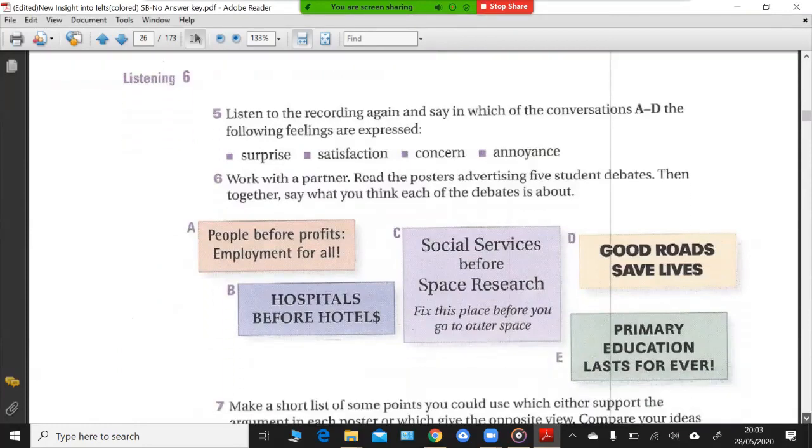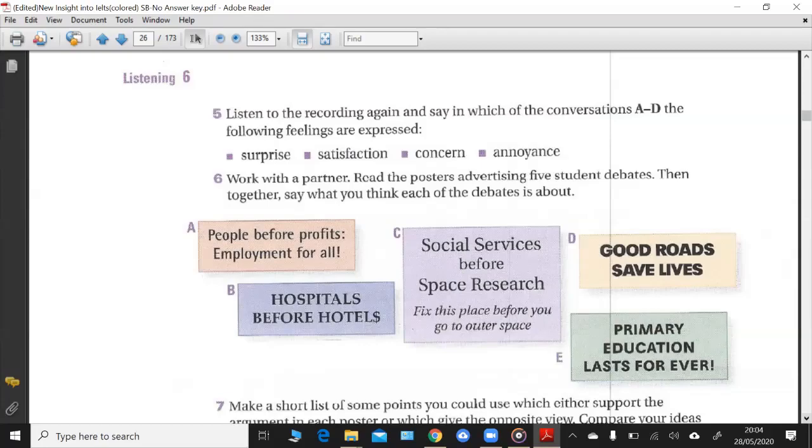Then we have here question number 5. It says, listen to the recording again and say in which of the conversations A to D the following feelings are expressed. Now, this is how we will try to understand: is the person speaking giving the feeling of surprise, satisfaction or dissatisfaction, concern, he has some problem, he is concerned, he is overwhelmed, or he is surprised, or he's annoyed, annoyance.